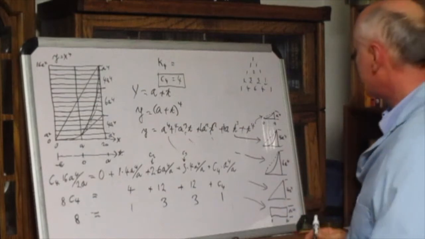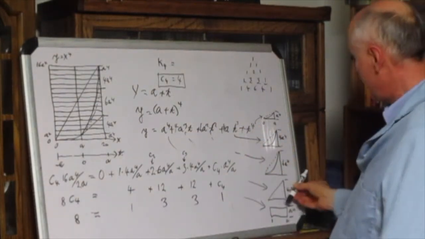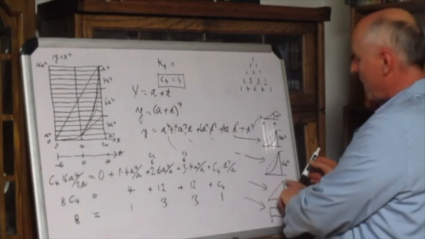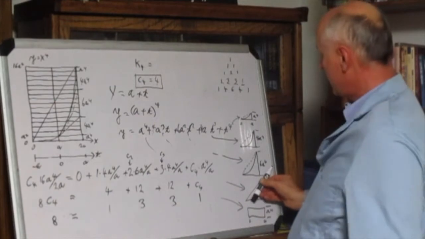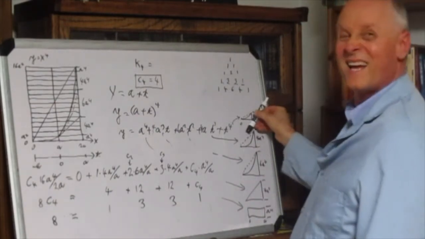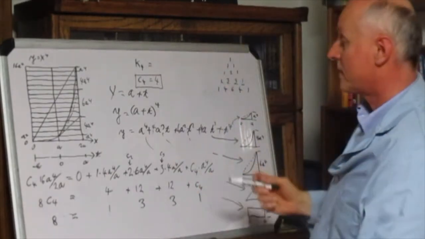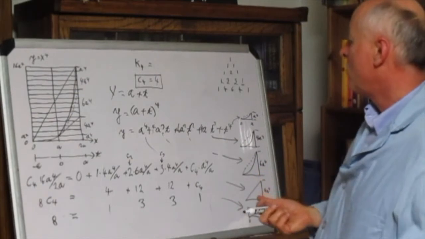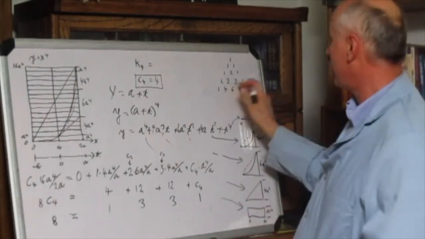What that says is that the relative slopes, basically we're normalizing everything to this case here, the linear case. This is 1 to 3 to 3 to 1. And they add up in such a way that they give us the right slope. So that's kind of nice, that's a lovely ratio.